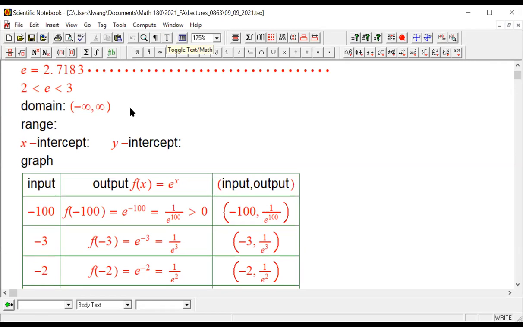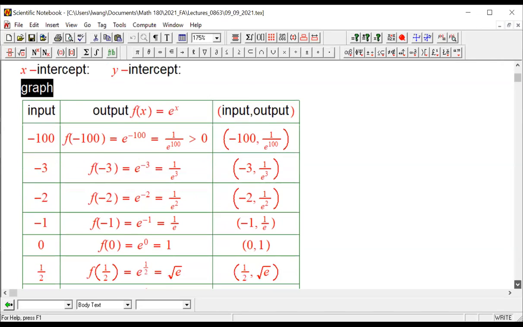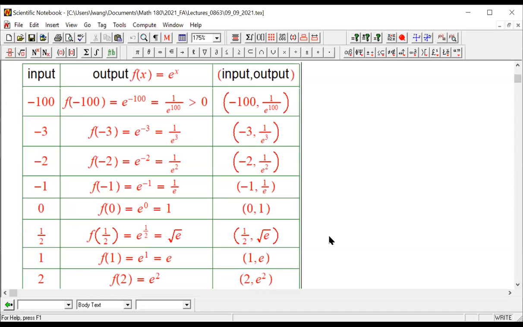Okay. But before we do that, I want to plot the points. I want you guys to plot the points with me. We're so close to getting a picture. Why not? Let's get a picture.